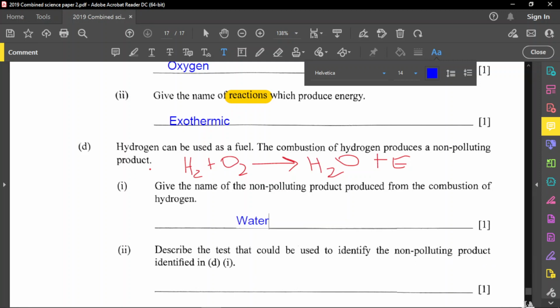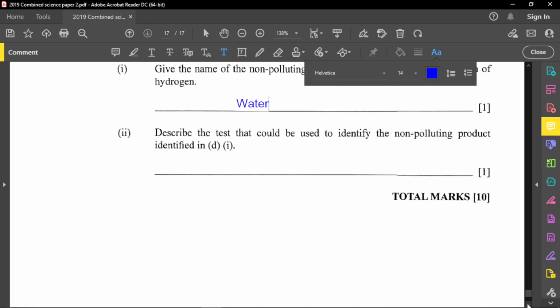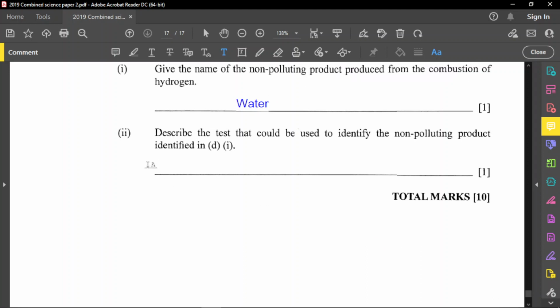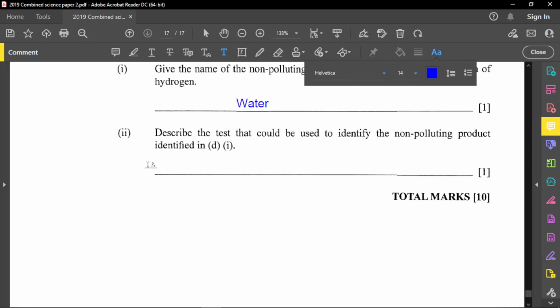And for part 2 now, describe a test that could be used to identify the non-polluting product. There are a number of different tests you can use to test for water. One is a temperature test.